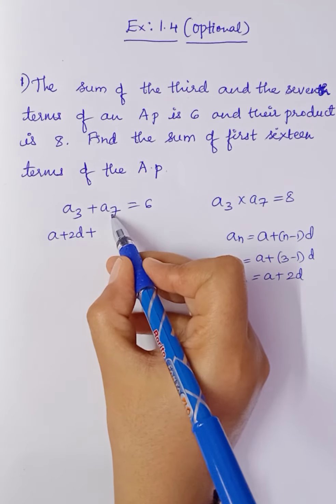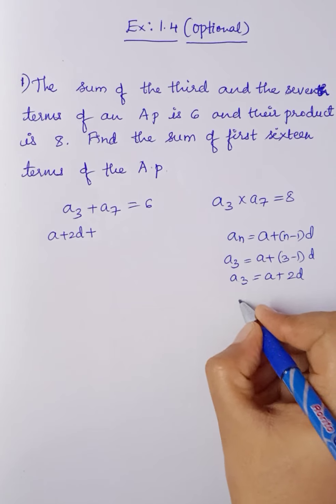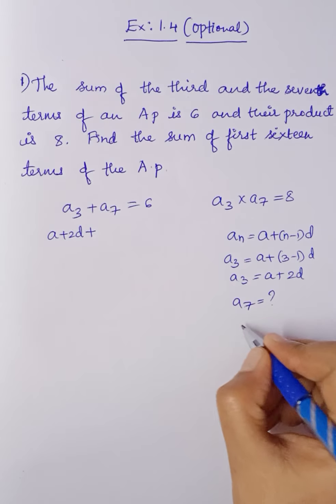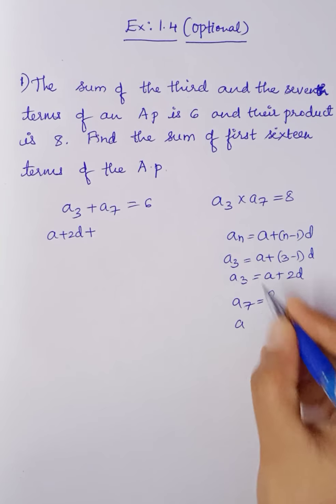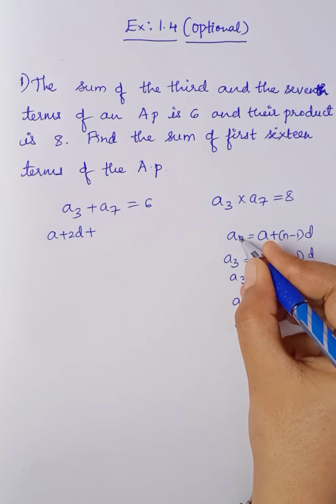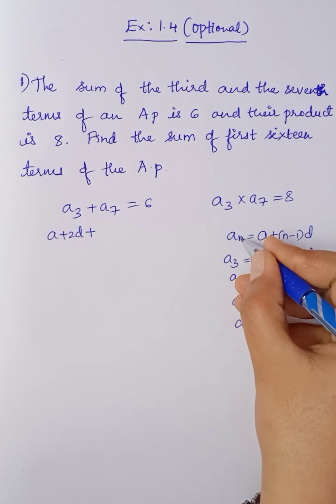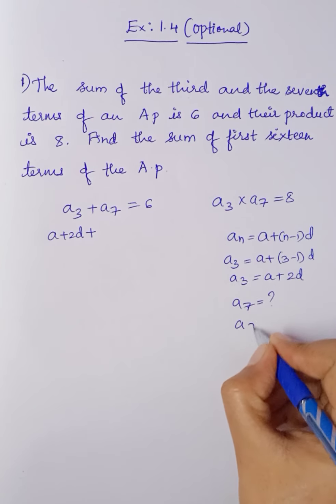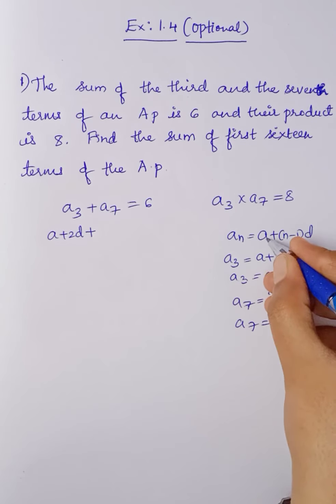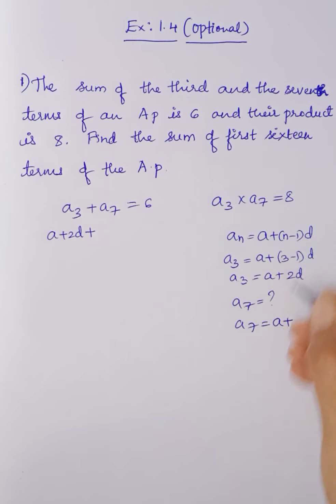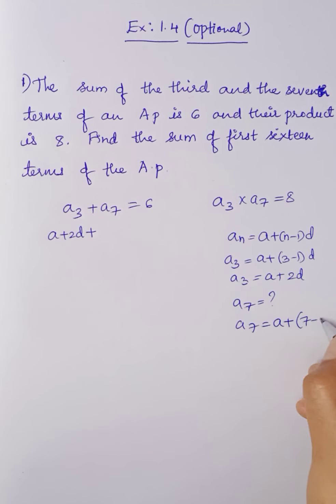Then this plus as it is. Now next is A7. So A7 is equal to how much? Again the same formula, so I am going to substitute 7 in place of n. So A7 is equal to a plus, n is nothing but 7 minus 1, and d is not given, keep it as it is.